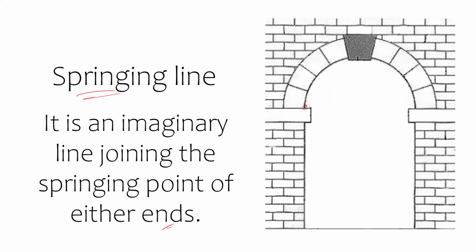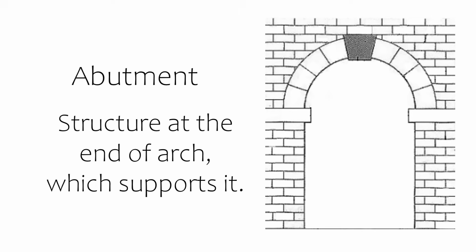So if you connect these springing points, this line is known as springing line. Next is abutment. Abutment is the structure at the end of arch which supports it. So here, starting from this point till down, it's known as abutment.